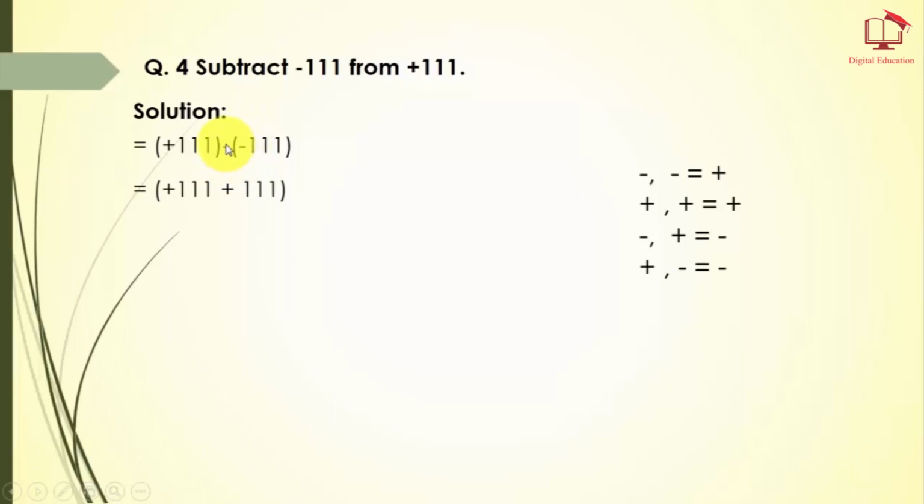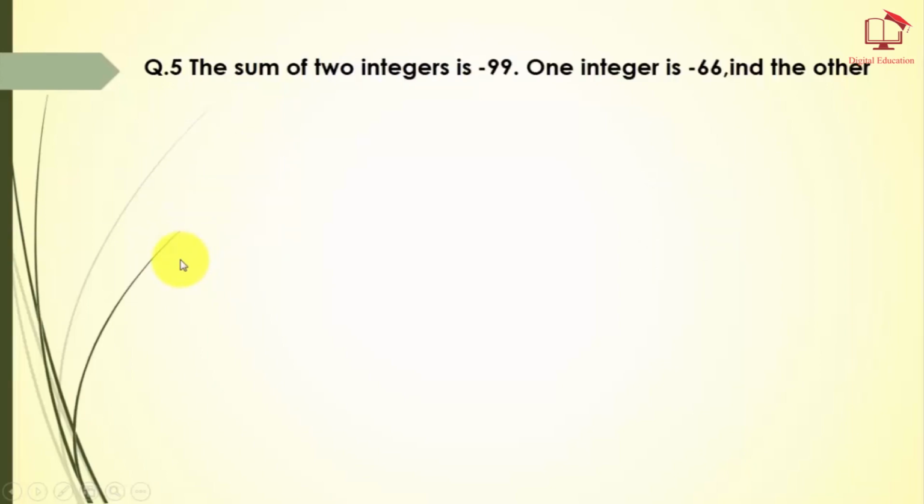If we multiply these two symbols, the answer is plus. And then plus plus, if we add these two integers, the answer is 222.